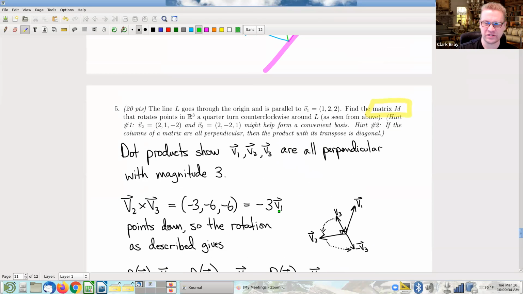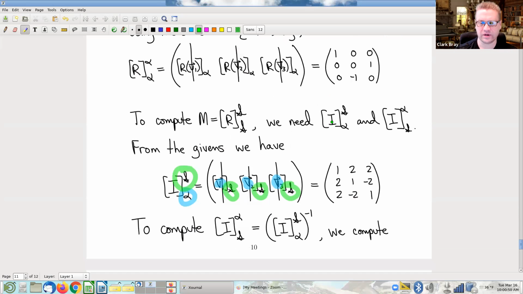That's this basis that I chose, V1, V2, V3, all given with respect to the standard basis. No other basis indicated. We assume the standard basis. So that's just these columns here. And that part's very straightforward.